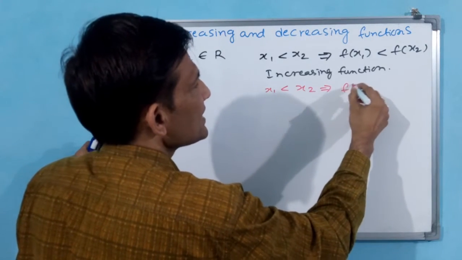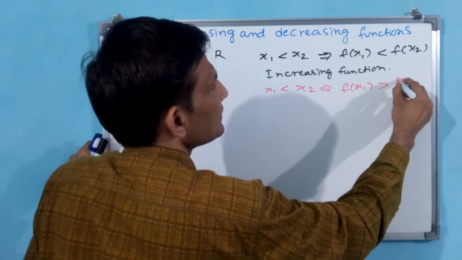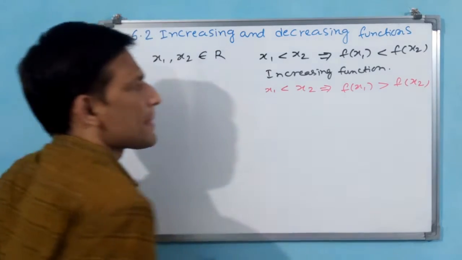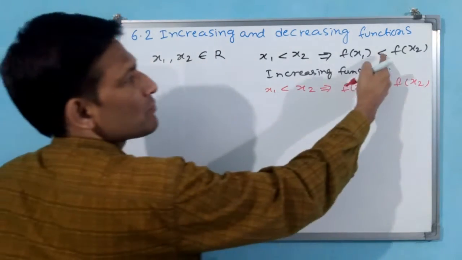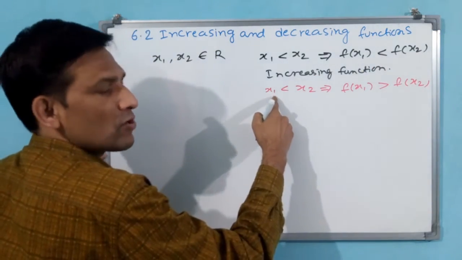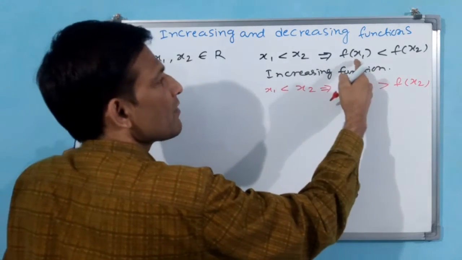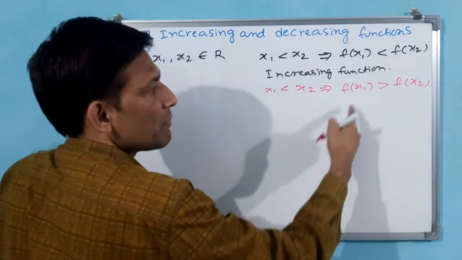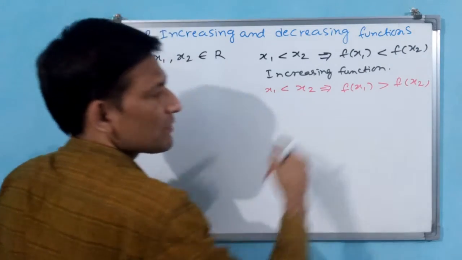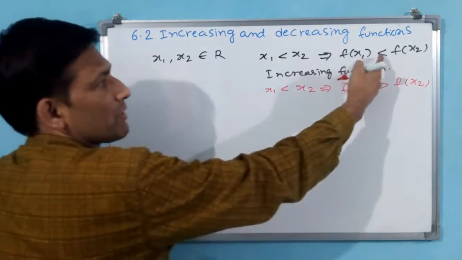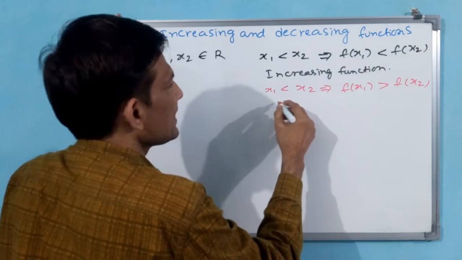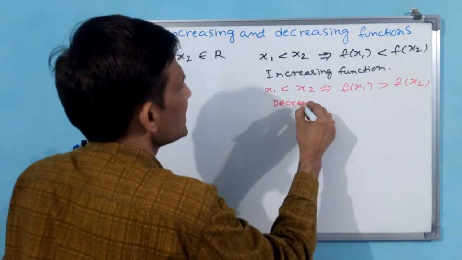But the function is reversed. Observe here carefully. See, x1 you have taken less than x2, but here f of x1 is greater than f of x2. Okay, both are reversed. If that is the case, this function is going to be called a decreasing function.